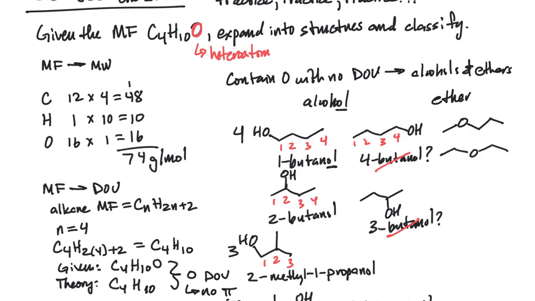So what about branched ethers? We need to start with a carbon, bond it to an oxygen, and then bond it to another carbon. So now we have 2 carbons accounted for. We have to put 2 more in, and we want it to be branched so that it's a constitutional isomer.